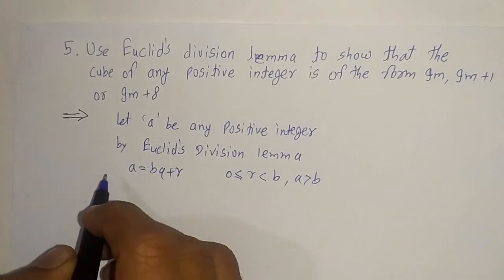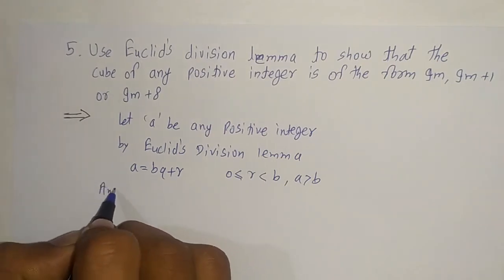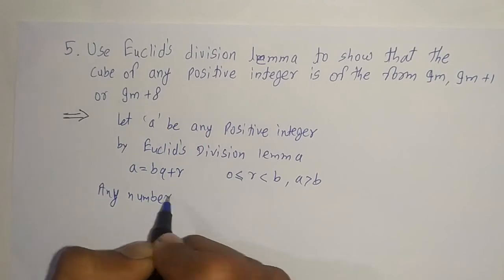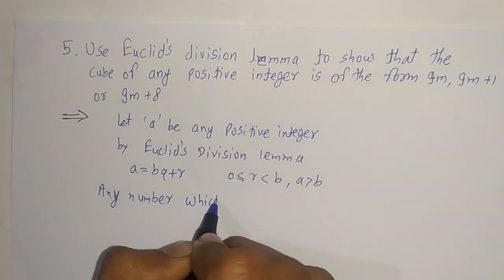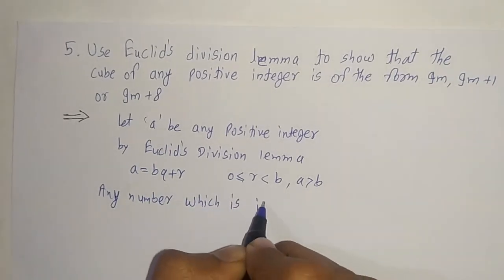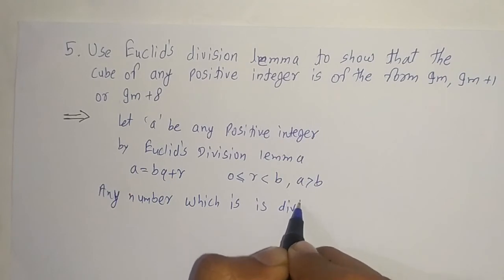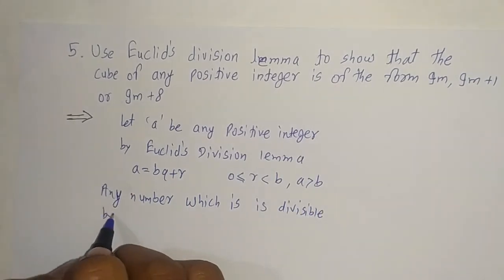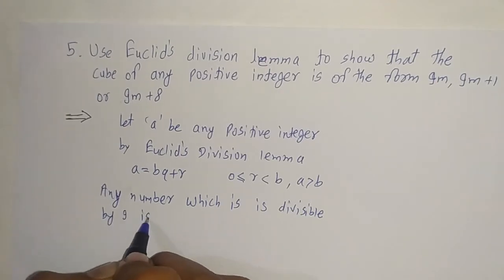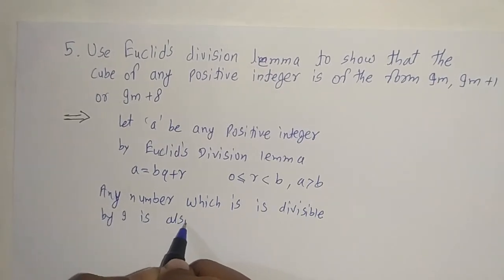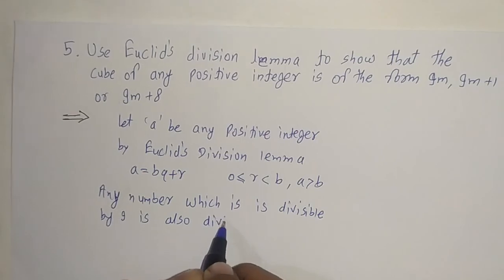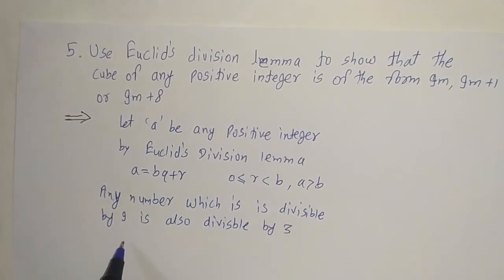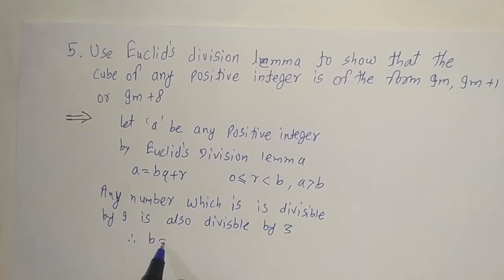Let us write it down here. Any number which is divisible by 9 is also divisible by 3. Hence b equals 3.